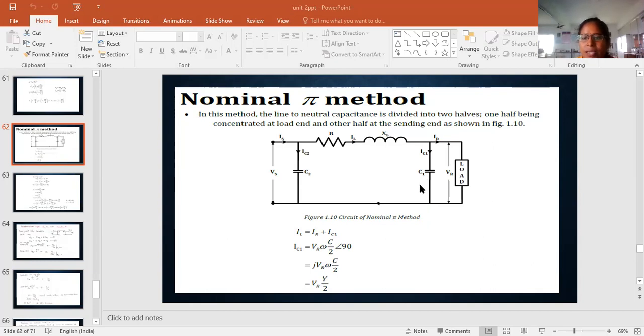This is the value for IC1. Similarly, IC2 equals Vs, since the voltage at the sending end is present across C2, so Vs into Y by 2. This is the value for IC2.